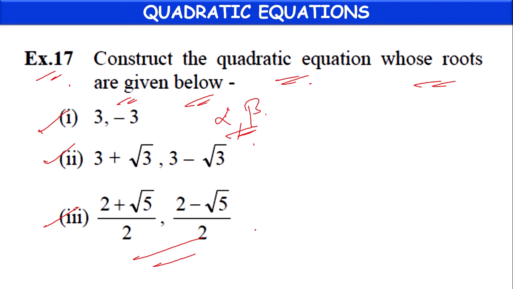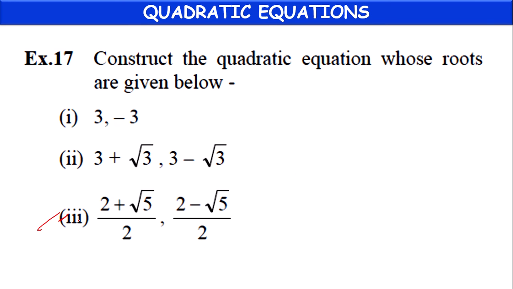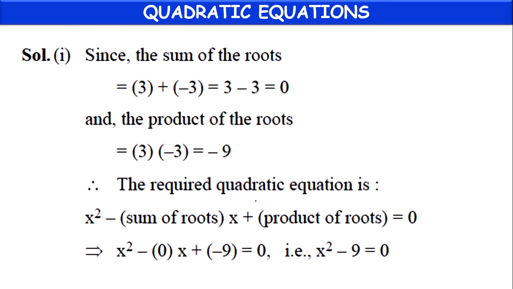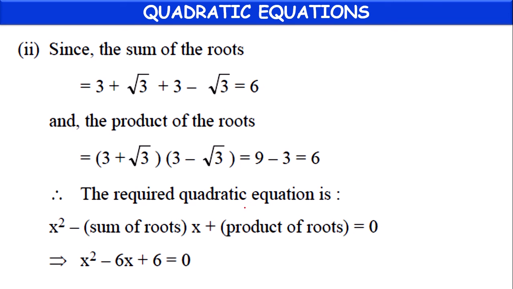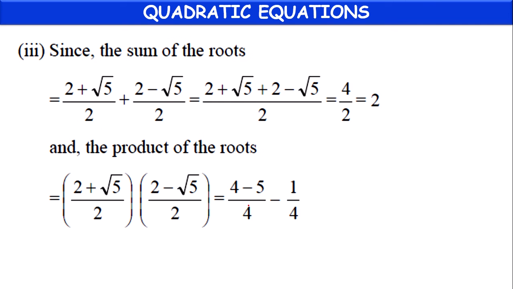We have to construct the equation by first finding their sum and product. By finding their sum and product, we have to find the quadratic equation. So I will do the third one children. First and second complete solutions are there. You can observe them later. So directly I am doing the third one.